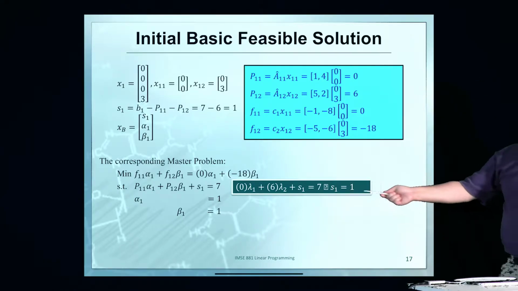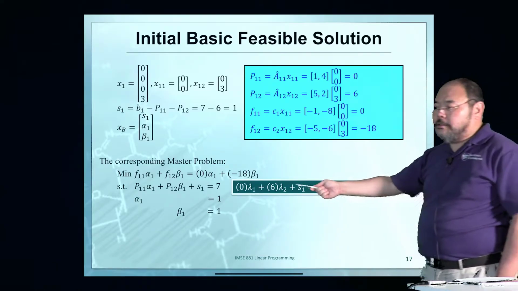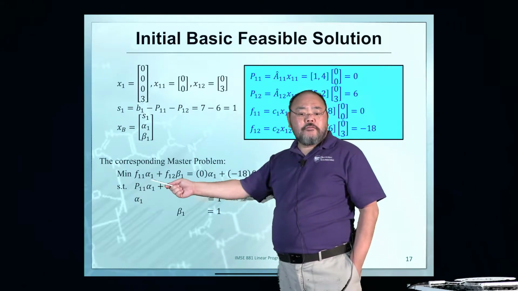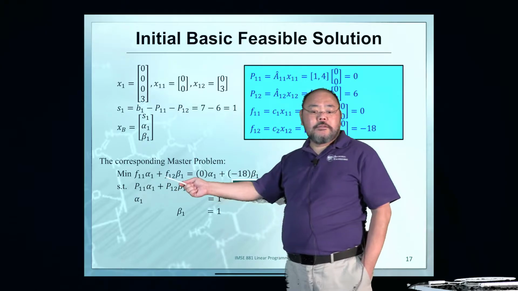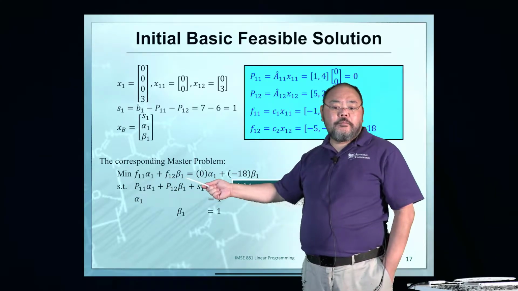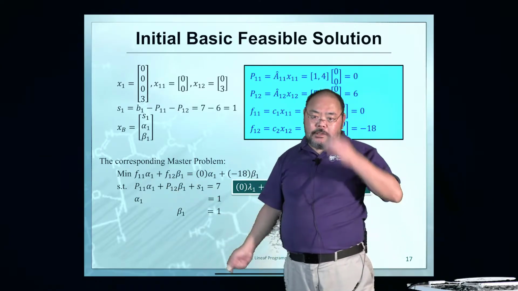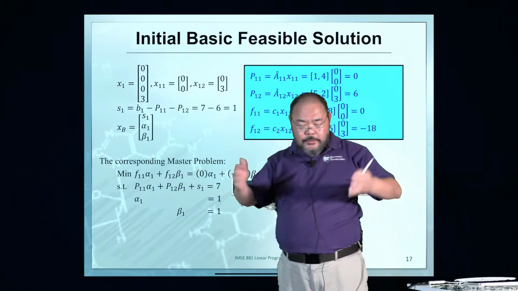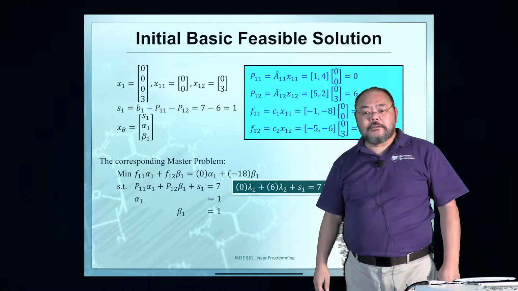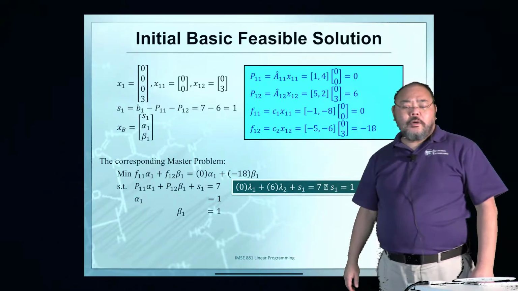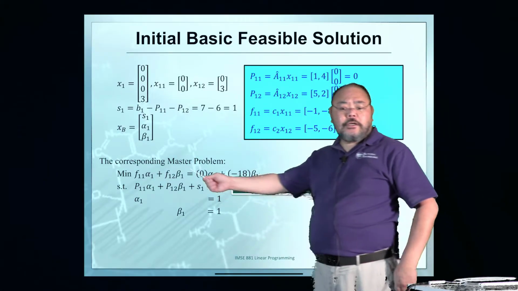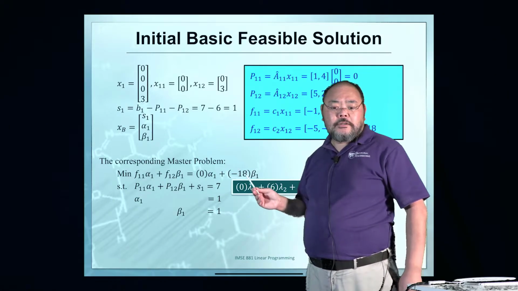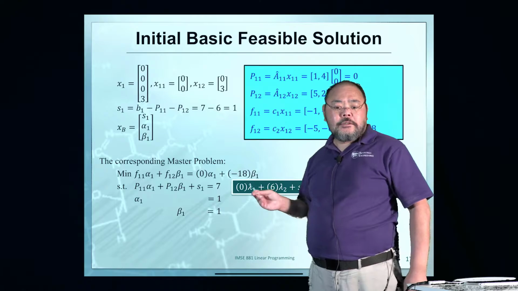Therefore, we can write out my master problem. It looks like this: minimization of F11 times alpha 1 plus F12 times beta 1. Instead of using lambda here, we're using alpha and beta, representing the two separate blocks of the subproblem. That equals 0 times alpha 1 plus negative 18 times beta 1.